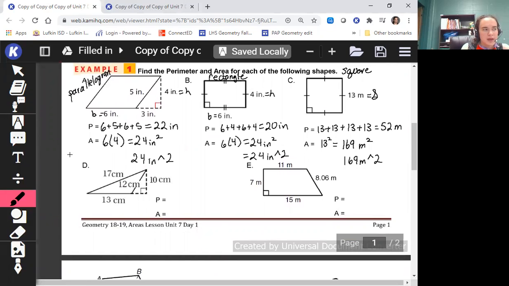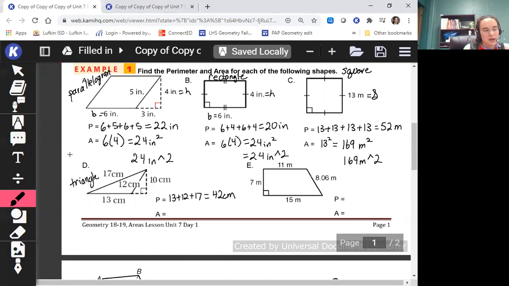Our next example, we have a triangle, and we need 3 sides of the triangle. Remember, they're solid lines, so 13 plus 12 plus 17. And that's 42 centimeters for our perimeter.